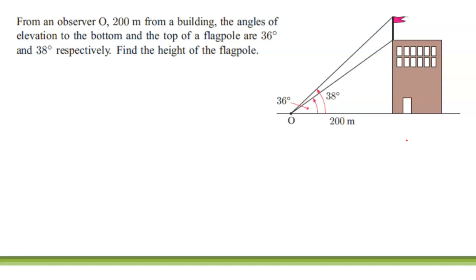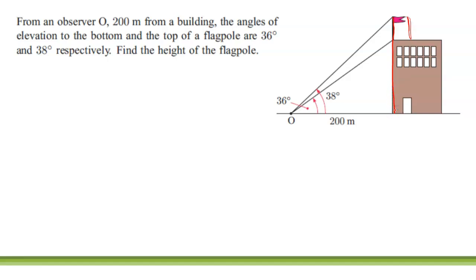You're observing a flagpole of some unknown height that sits perched atop a building whose height itself we don't know. So if we're trying to work out just the height of the flagpole, notice that it's not itself a side of a right angle triangle. However, it participates in a line that is.